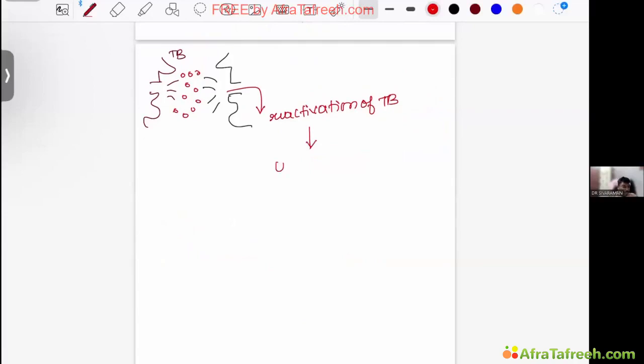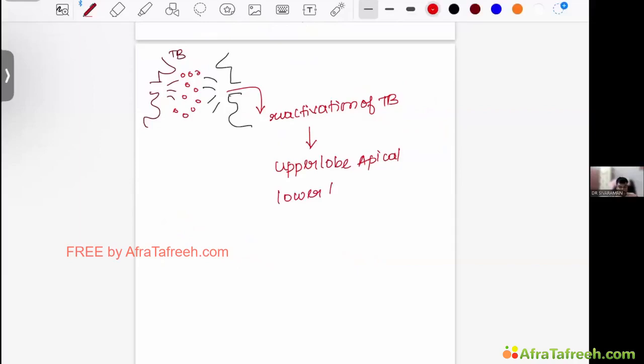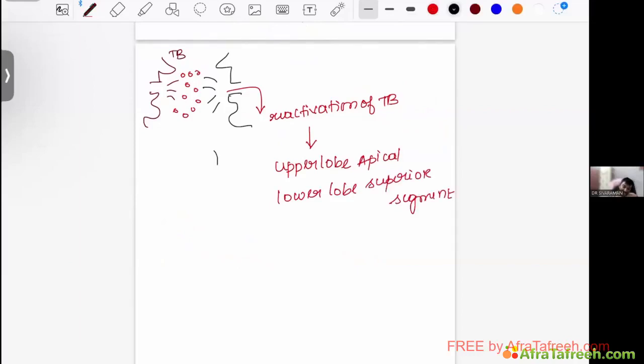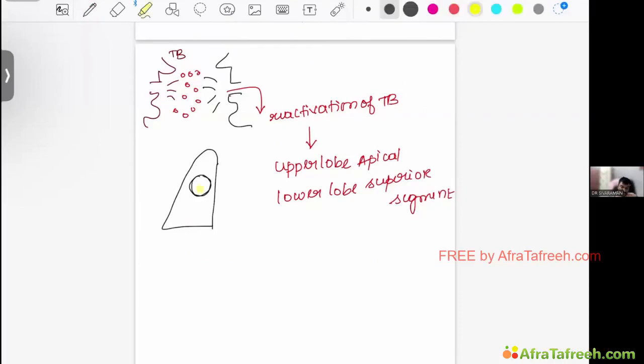Whenever there is a reactivation of tuberculosis, it is going to involve the upper lobe apical segment, or it can involve the lower lobe superior segment. If you see this fellow's lung, it will have an area of tissue necrosis with caseous material.